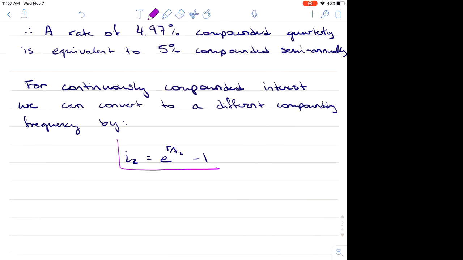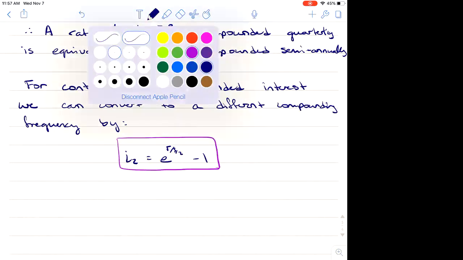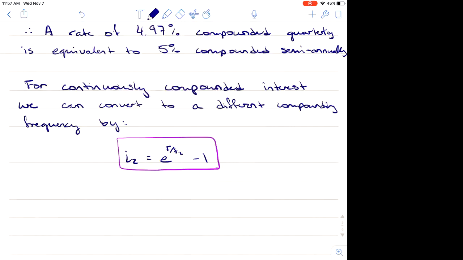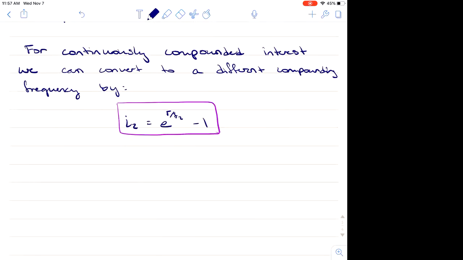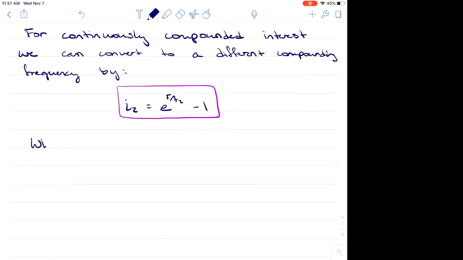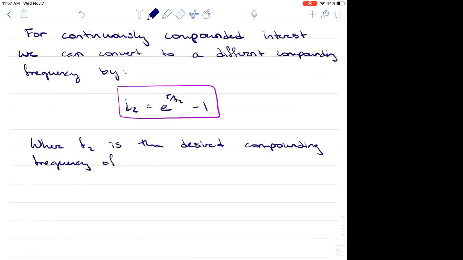So this is on your formula sheet. Where F2 is the desired compounding frequency of I2.